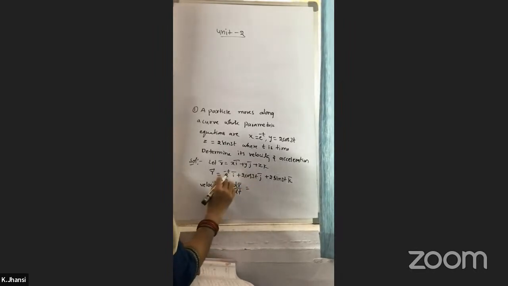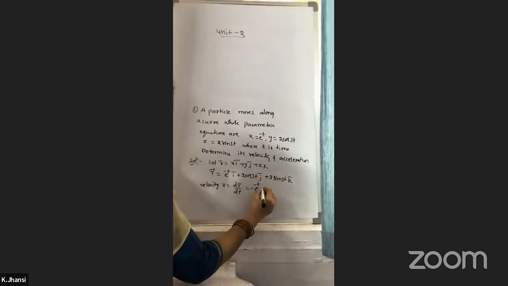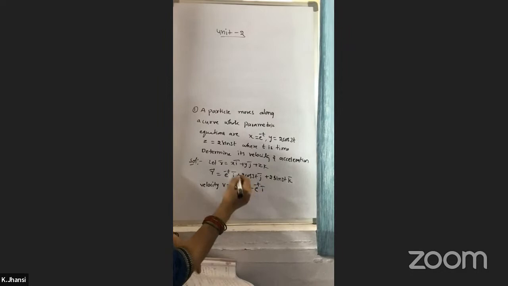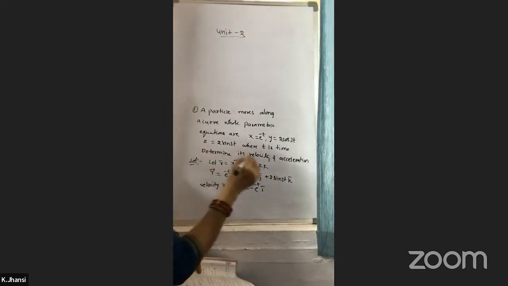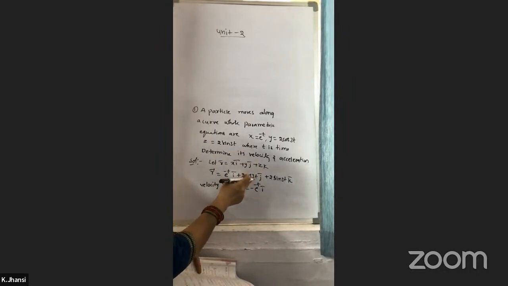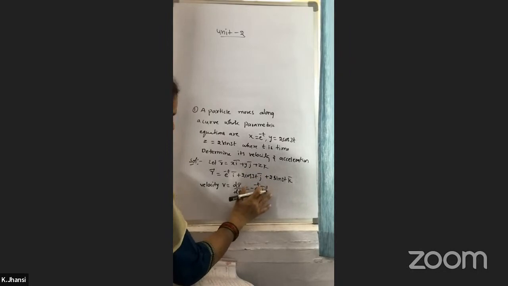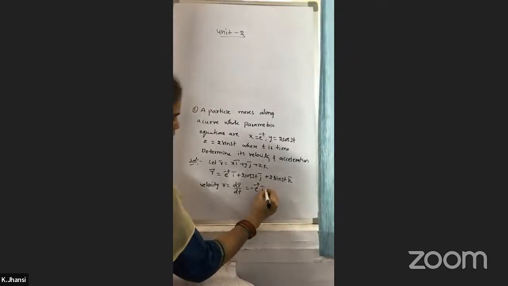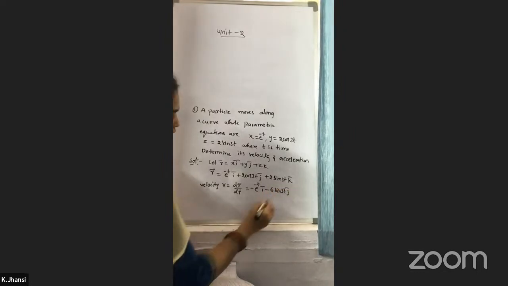So dr by dt means e to the power of minus t differentiation is minus e to the power of minus t i bar, and cos 3t differentiation is minus sin 3t, and again 3 you will get by multiplication. That 3 multiplied with 2 gives 6, so you will get minus 6 sin 3t j.